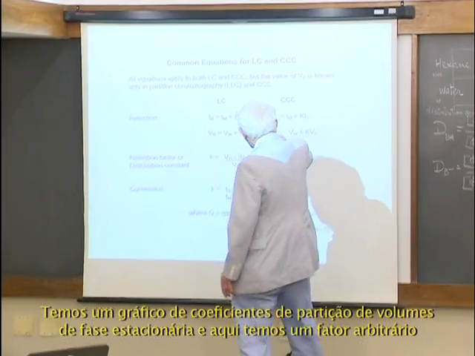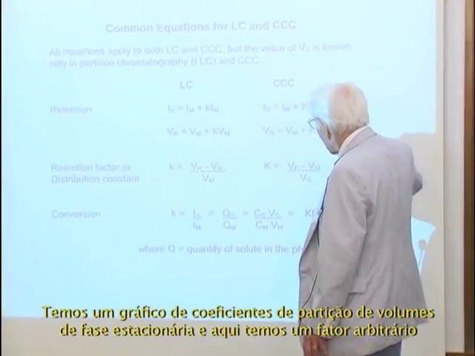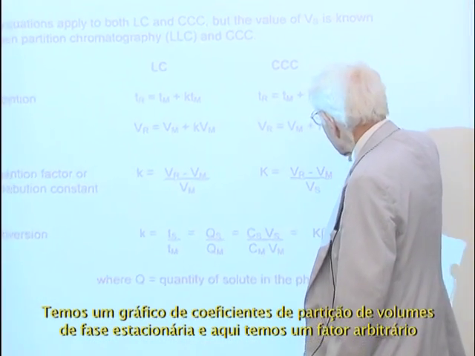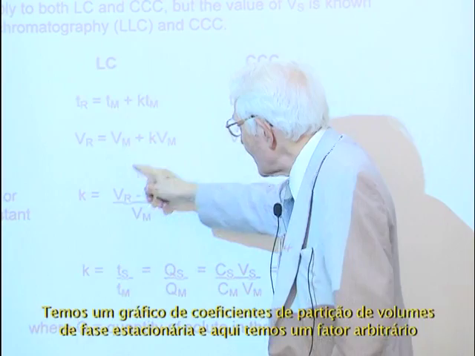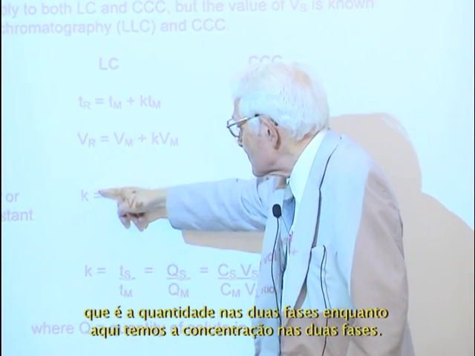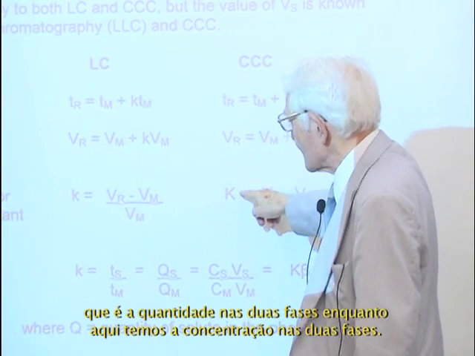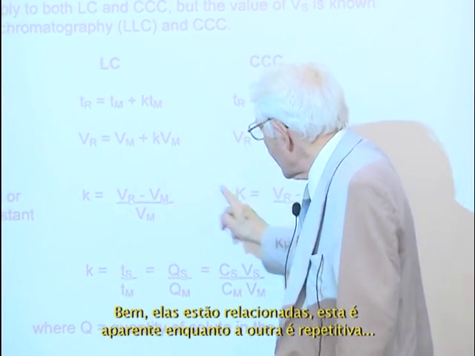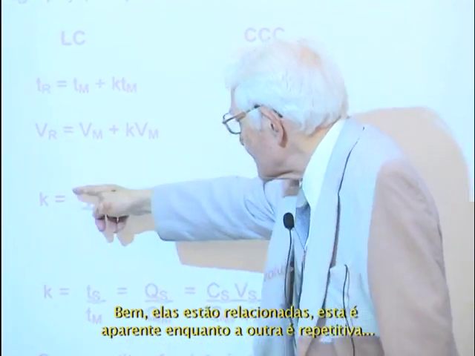Here we're really getting a plot of partition coefficients, or of stationary phase volumes, whereas this is a kind of arbitrary factor. This is the quantity in both phases, whereas this is the concentration in both phases. And while they're related, this one is visibly apparent, whereas that one is not.